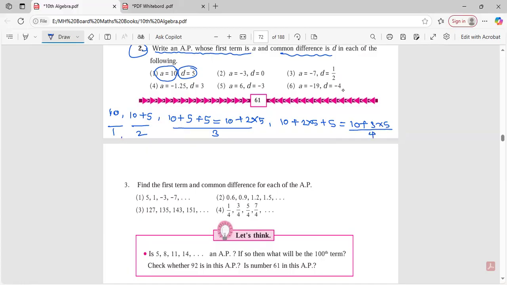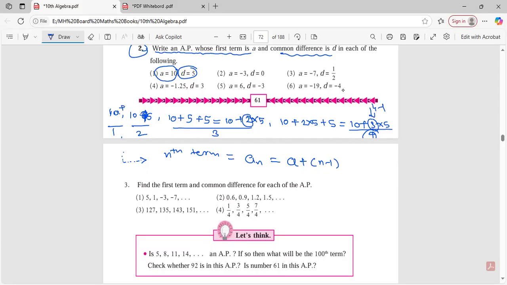This is the fourth term. So on continuing this way, you can write nth term an is equal to a, the first term, plus n minus 1 into d. In the third term it is 3 minus 1, in the second term it is 2 minus 1, in the fourth term the coefficient is 3, which is 4 minus 1.